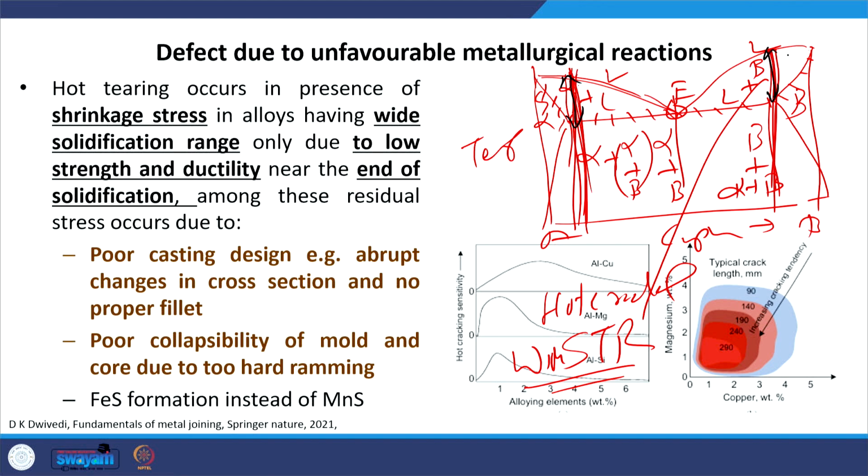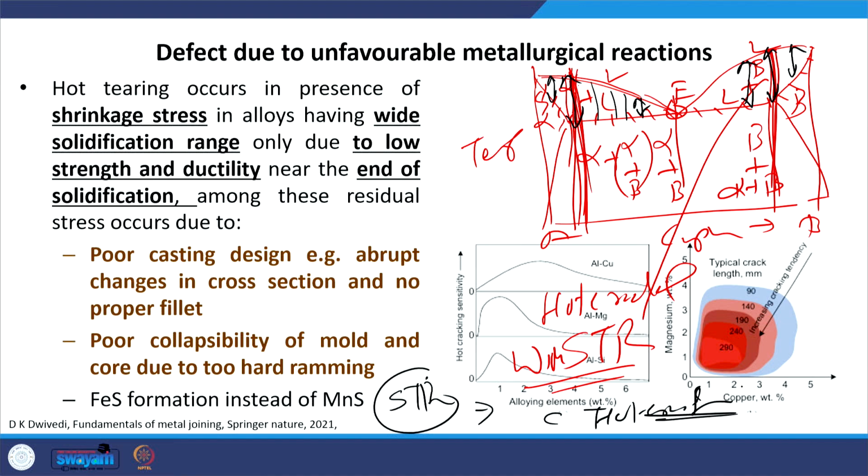By adding alloying elements such that this solidification temperature range is minimized, so this is narrow, or by adjusting the composition of the alloy, if we can reduce the solidification temperature range, then this will reduce the tendency for hot cracking.